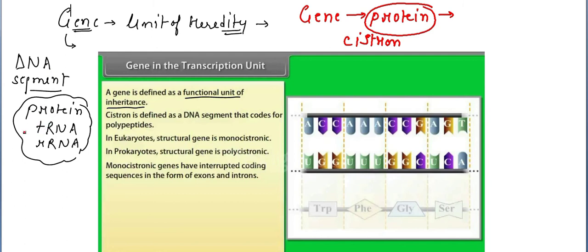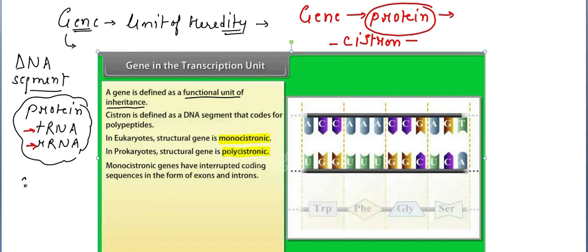It can be for tRNA, it can be for rRNA, but particularly the DNA segment which codes for protein is called cistron. And in the eukaryotes, monocistronic condition is there, and in the prokaryotes, polycistronic condition is there. In the monocistronic condition, the split gene arrangement is there.